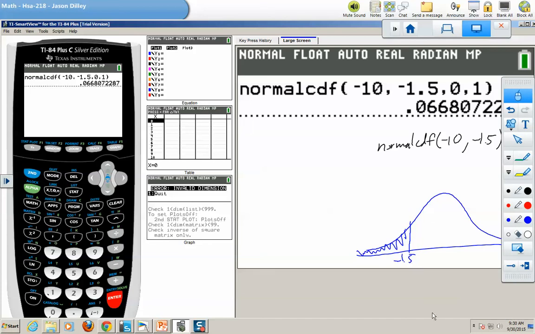Questions, comments, concerns so far? That's looking at a normal model that has a mean of 0 and a standard deviation of 1. This 0, 1 is basically saying what normal model you are looking at.